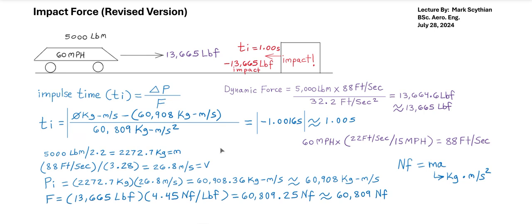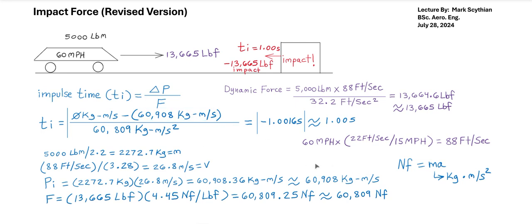So if we just convert all of these values into the metric system to get the kilogram meters per second for momentum, we have then the initial momentum of the pounds weight divided into 2.2, so 2272.7 kilograms times 88 feet per second converted from 60 miles per hour, then divided into 3.28 feet to a meter, so 26.8 meters per second is the velocity. So we get an initial momentum of 60,908 kilogram meters per second, and then substitute that in the numerator.